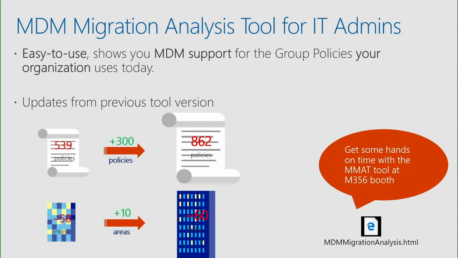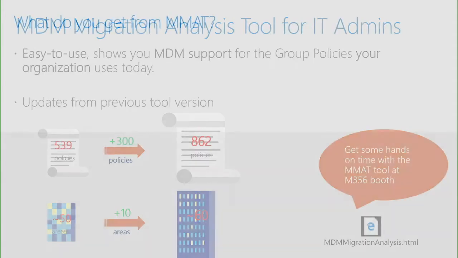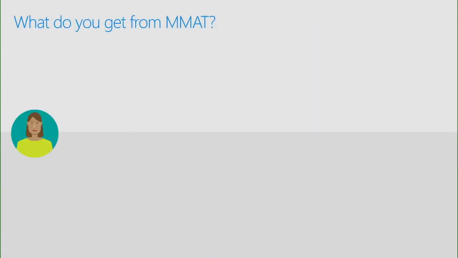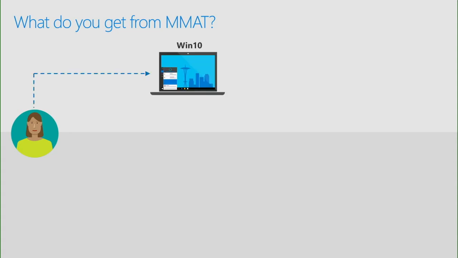So if you have time, there's an expo session on the first floor where you can try it yourself. But if you don't have time there, you can also try it at home. If you are an IT admin, you can run this tool on Windows 10 devices. It doesn't matter whether they have the Fall Creators Update or the initial Windows 10 release.